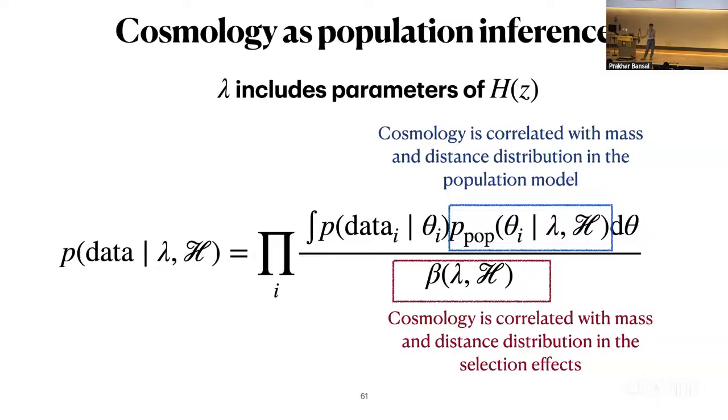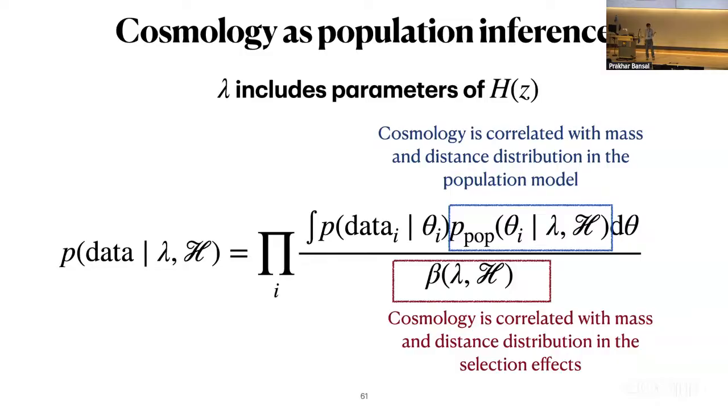This enters because our source frame masses that we infer are always degenerate with our cosmological assumptions, because we're inferring redshifted masses, first of all. So when we infer the source frame mass distribution, we always have to assume or marginalize over some assumptions about H(z).